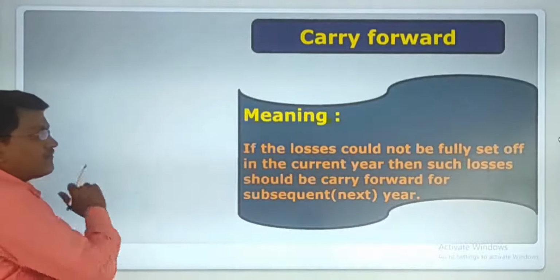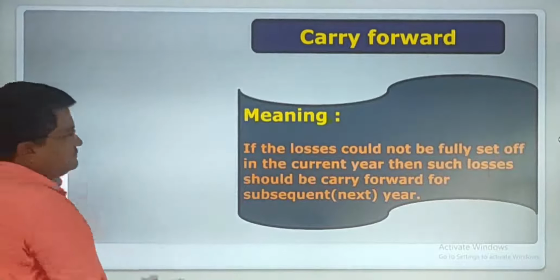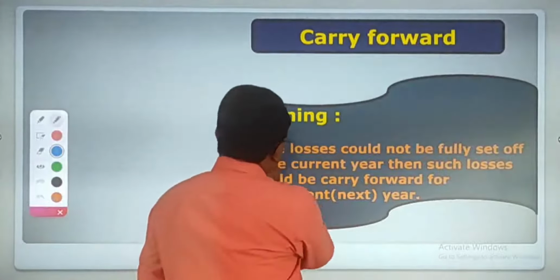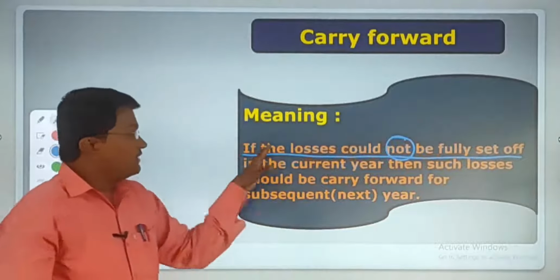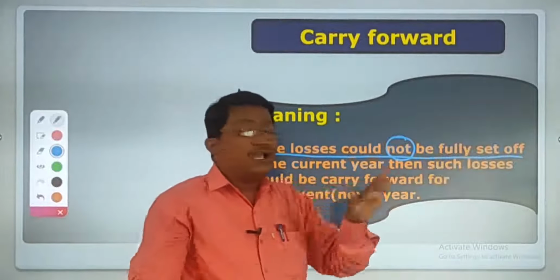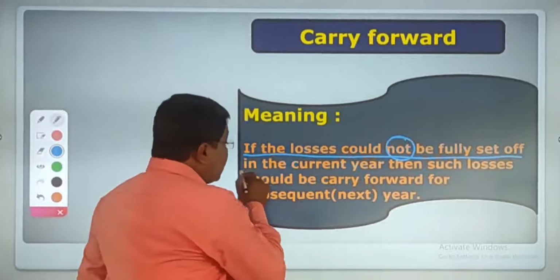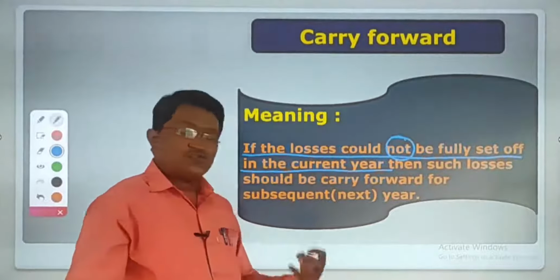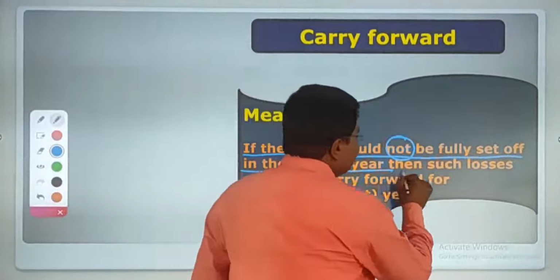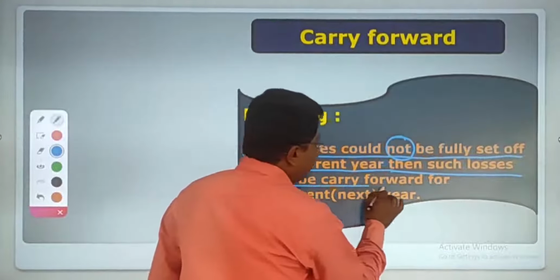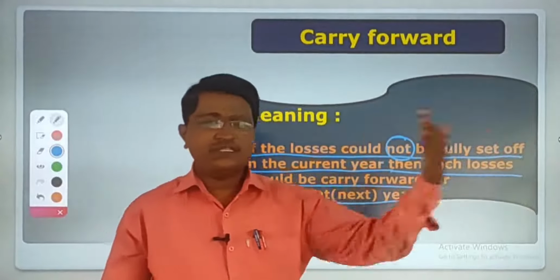So here carry forward means, if the losses could not be fully set off, that is fully adjusted in the current year, if it is not possible to set off the loss in the current year, then such losses should be carried forward for the subsequent, that is next assessment year.